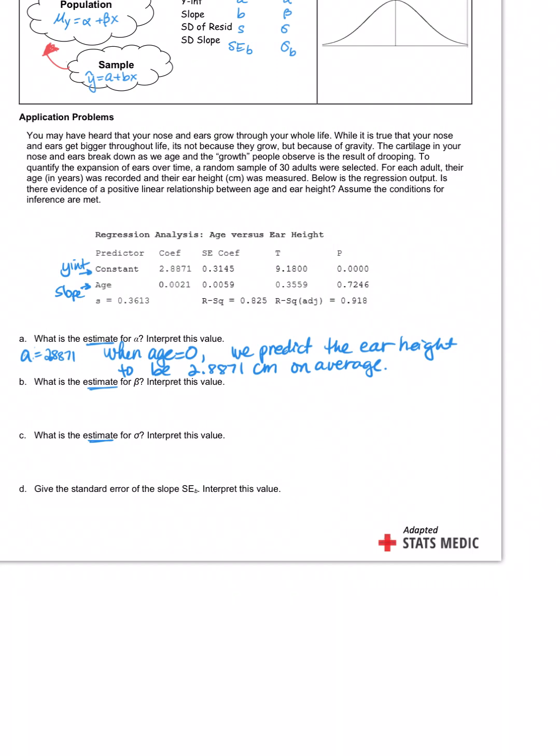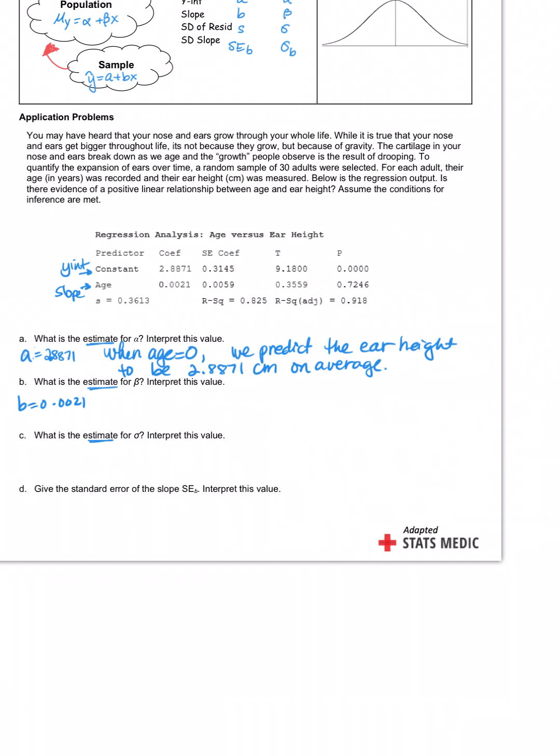Yeah. All right. So then what is the estimate of beta? It's our 0.0021. That's our slope, right? 0.0021. That's our best guess at slope, which is little b.